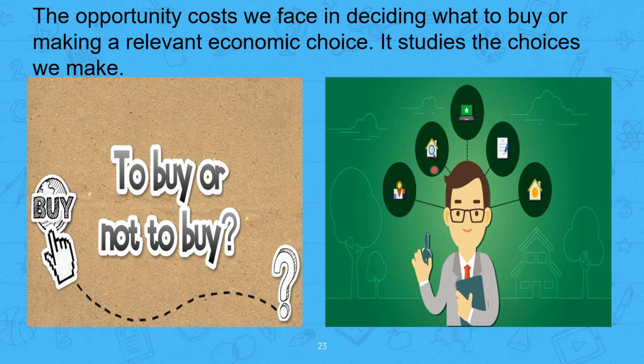So he makes an economic choice. He decides to buy the house costing 65 lakhs. What did he forego? He forewent this other house that costs 60 lakhs. So the opportunity cost of buying the house costing 65 lakhs is the house costing 60 lakhs.